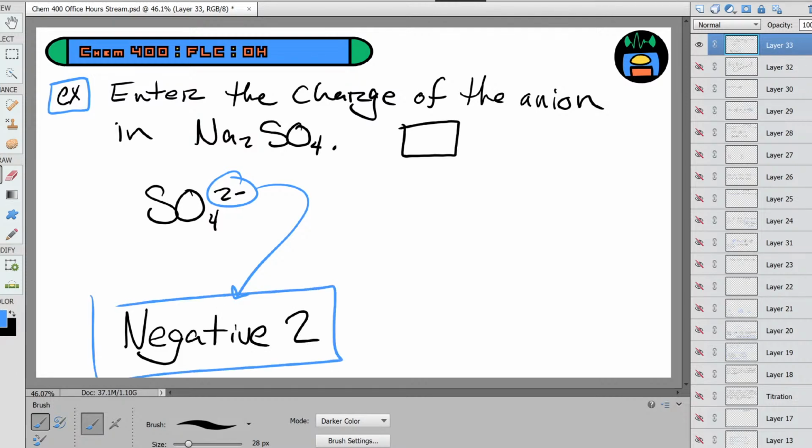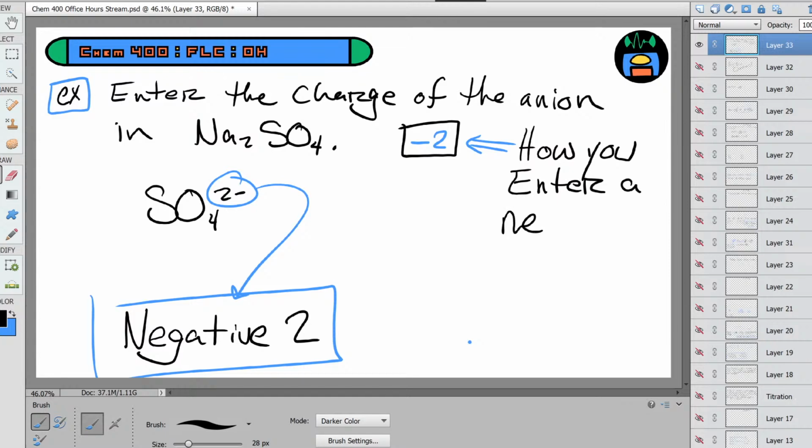The way you enter a negative number is you put the sign first, and this right here is how you enter a negative answer. Because you will totally have to enter negative answers on this exam, and that is how you do it.